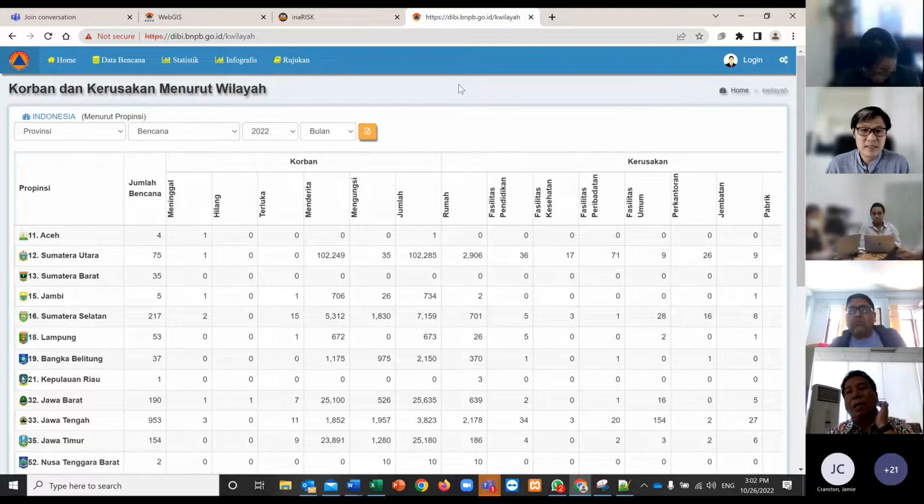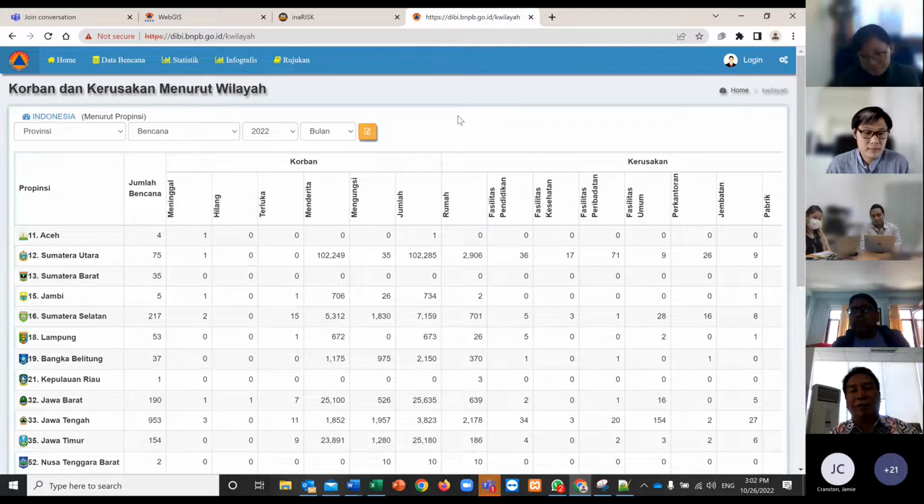For the disaster scale in Indonesia, we basically have what we call the lower scale, which is the responsibility of the district level, and then the provincial level supports the district level as needed, and also the national level.